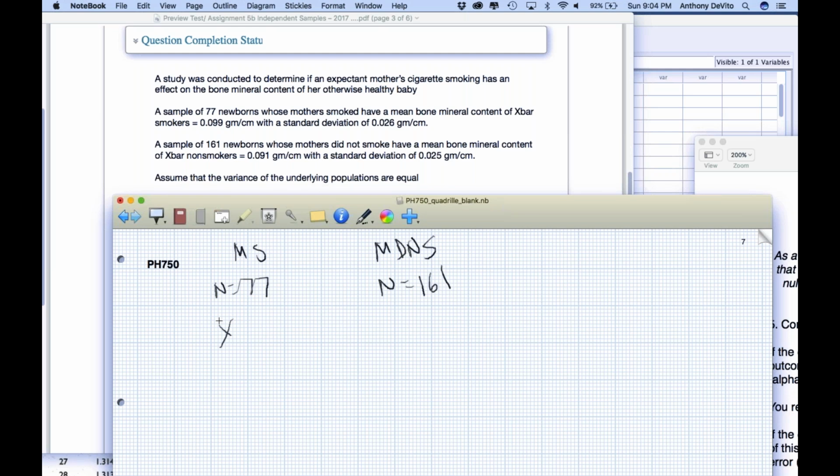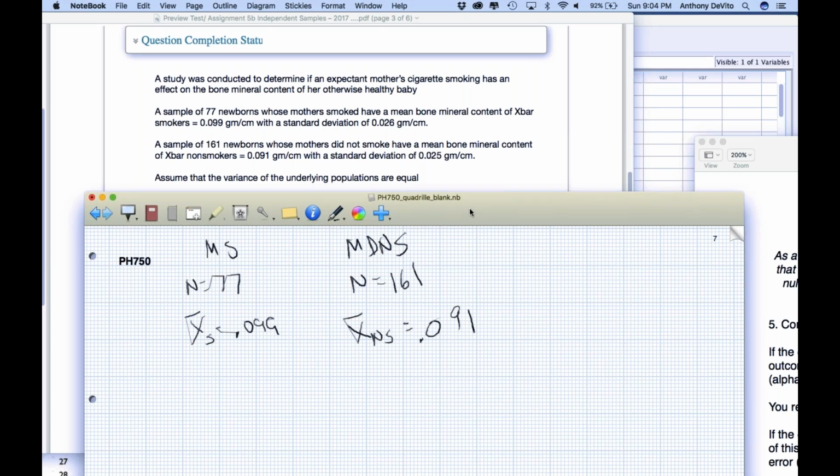My x bar for mothers who smoke versus non-smokers: that was 0.099, and for mothers who didn't smoke it was 0.091.